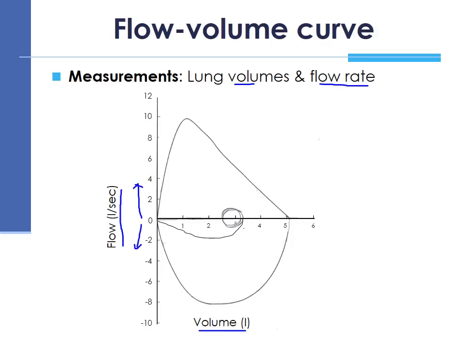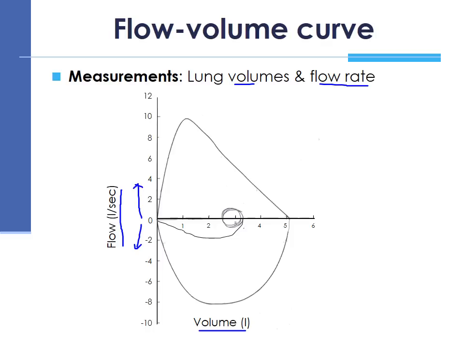I just want you to understand that just because there's a positive and a negative part of the graph doesn't mean that a negative amount of air can be inhaled. The change in symbol from positive to negative on these two different sides of the y-axis is just to indicate that the airflow is taking place in different directions.